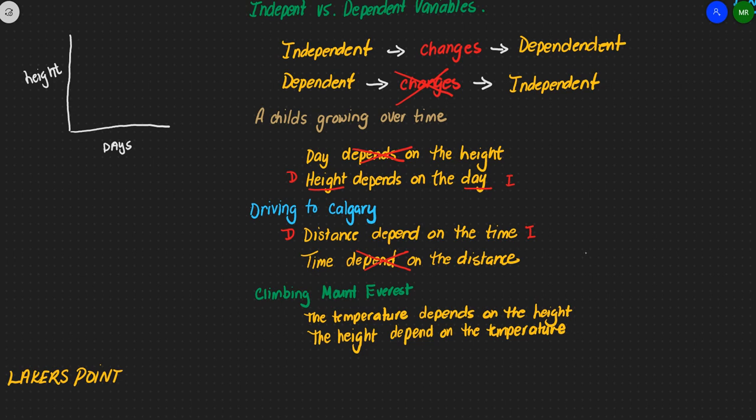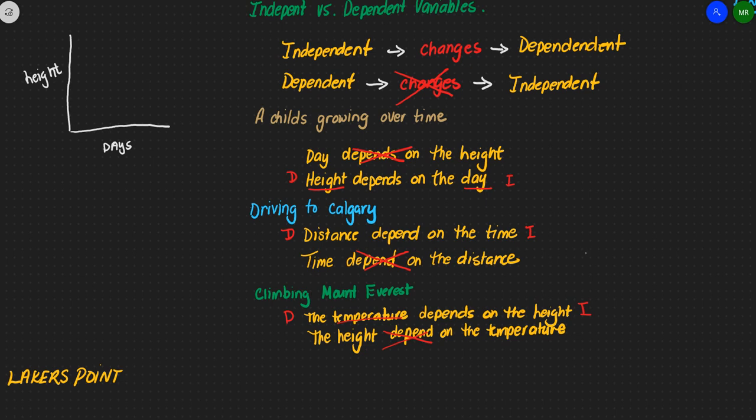So the temperature depends on the height, not the other way around. So in that case, the temperature would be our dependent variable, and the height would be the independent variable. So I hope that clears that up.